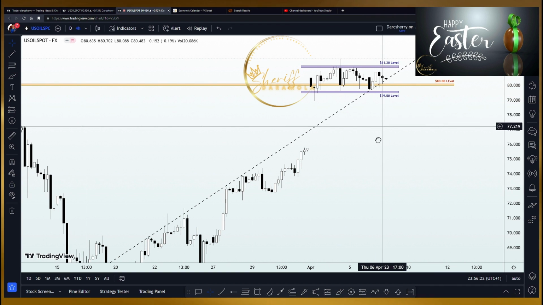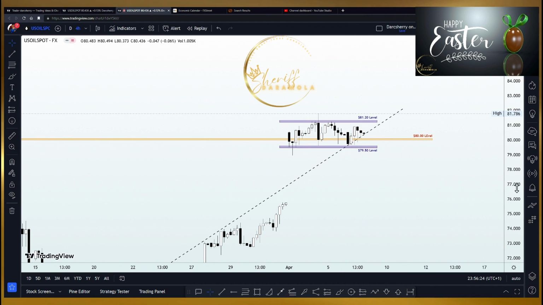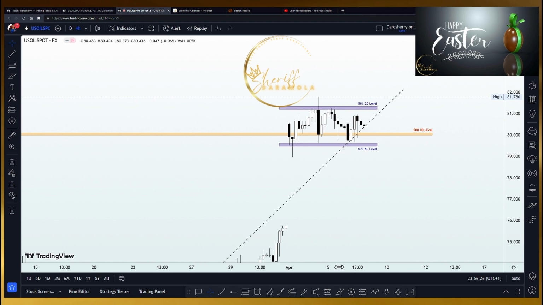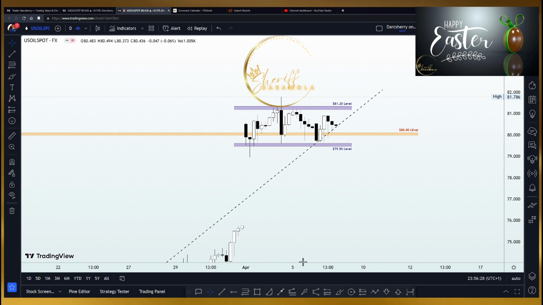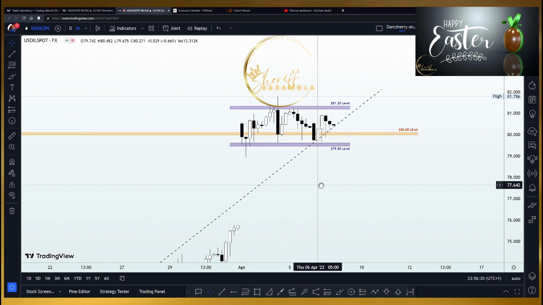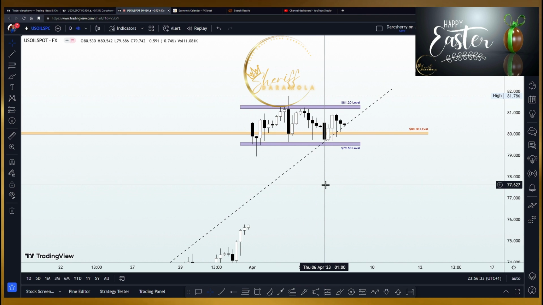So for this week, we shall be focusing on this structure here, as this will be what we are going to be using to guide our trading activity for this week. And you all know what we look out for whenever we have this kind of simple setup, this kind of simple flat channel.